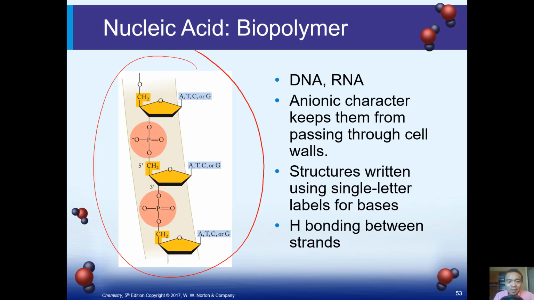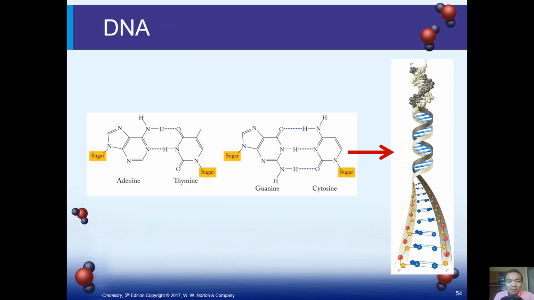Okay. For the pairing of the bases, it's based on the matching of the hydrogen bonding forming ability. As you can see, adenine is matched up with thymine because of the hydrogen bonding that can be formed in between, as you can see over here.